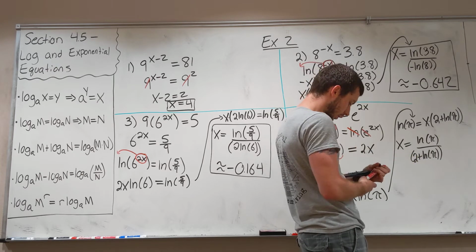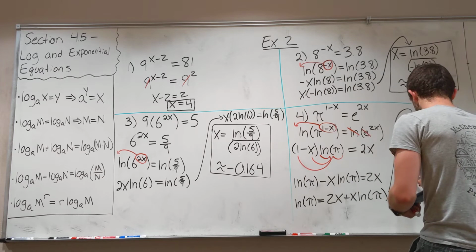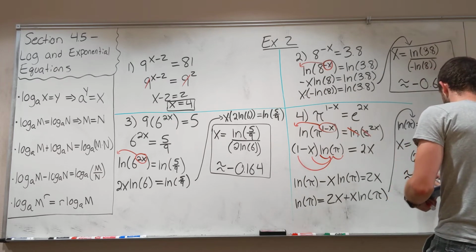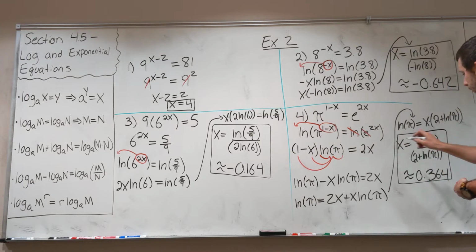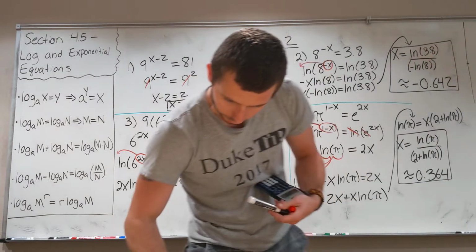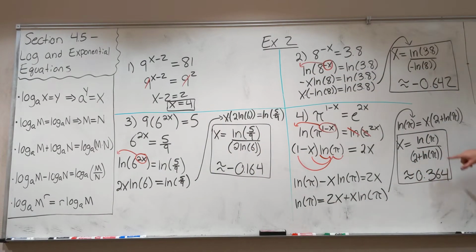I get 0.364. And that seems correct. So that would be the exact answer, and the decimal version rounded to 3 decimal places, and that would conclude the first 4 for this example.